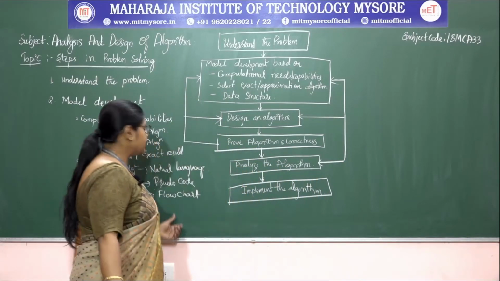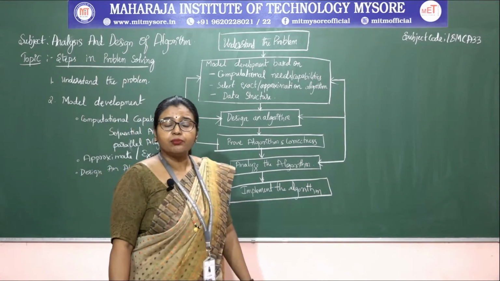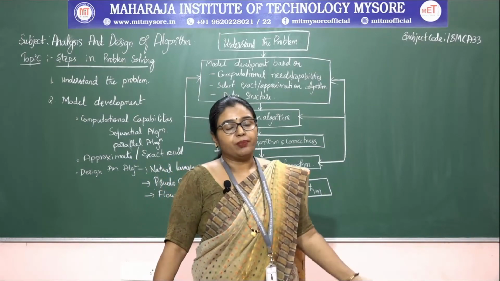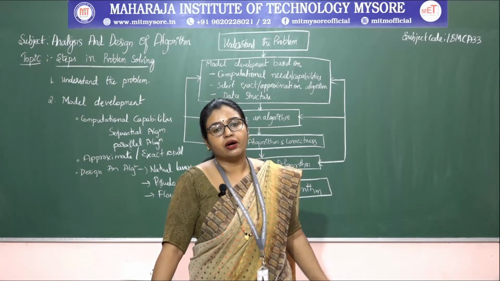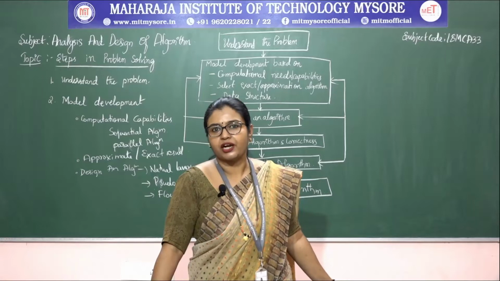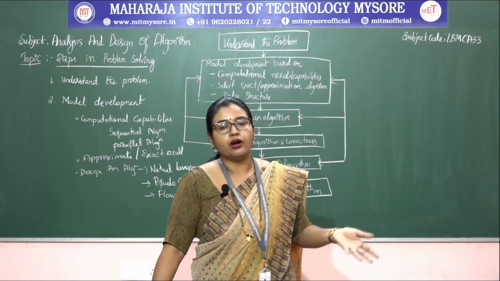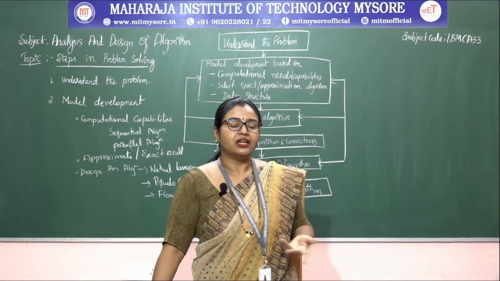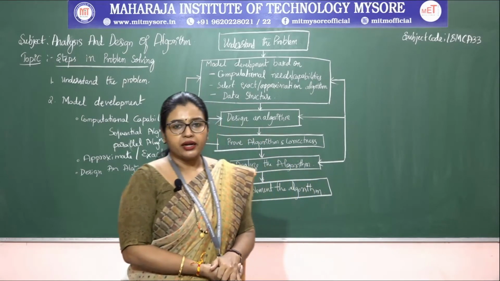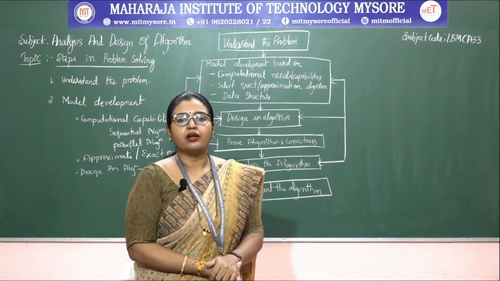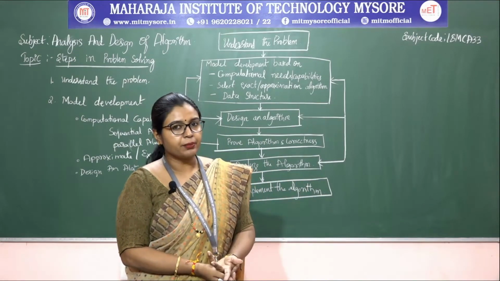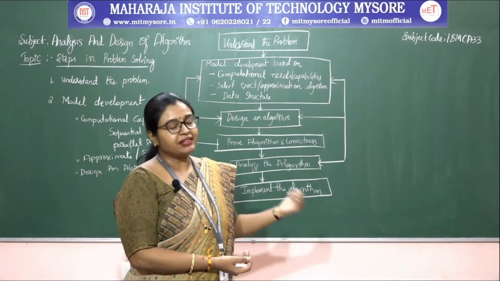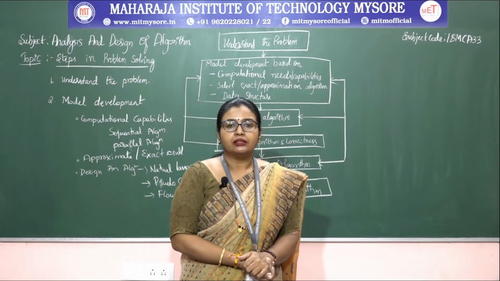Okay, the next one is that we can represent an algorithm using a flowchart also. In BCA or your previous years, you would have written algorithms using flowcharts, right? For example, a flowchart for adding two numbers or finding the greatest of two numbers. So to represent our algorithm, you can use English-like statements, write it in pseudocode, or go for the flowchart.